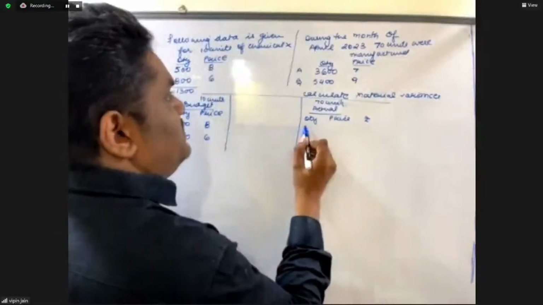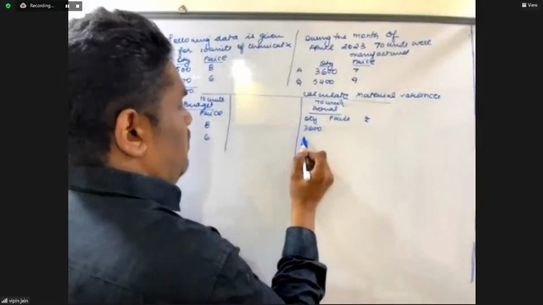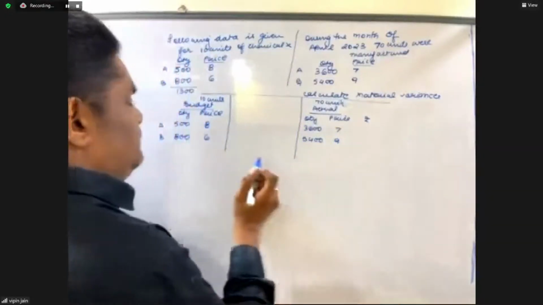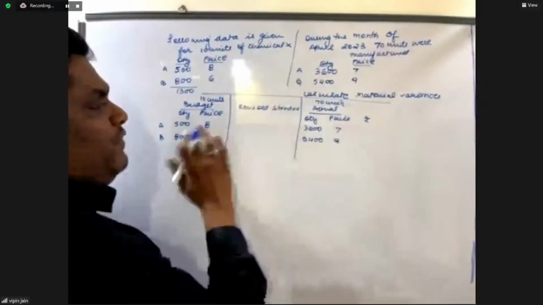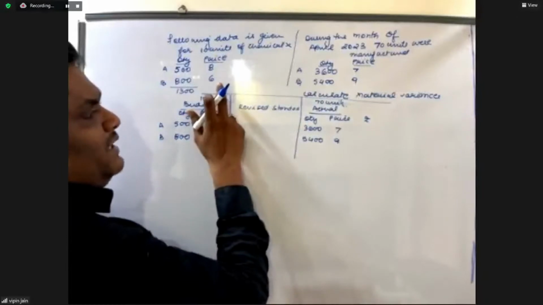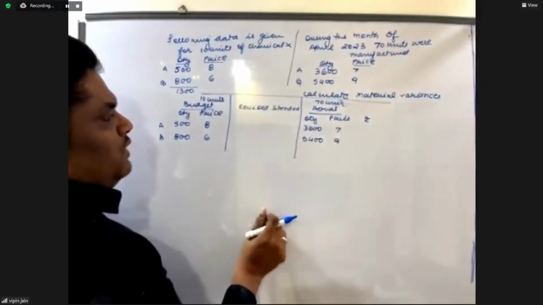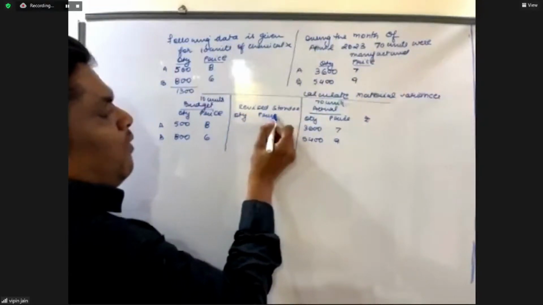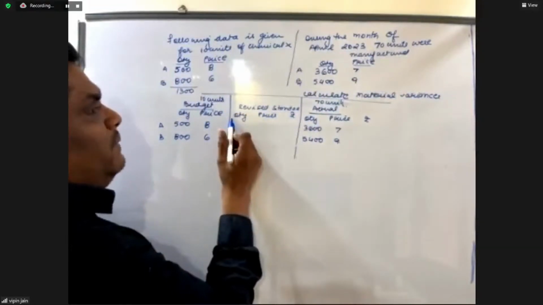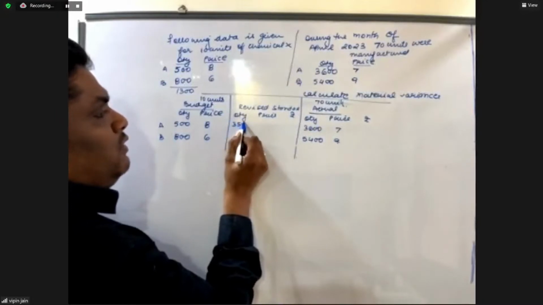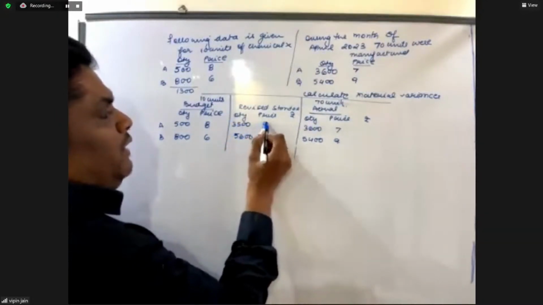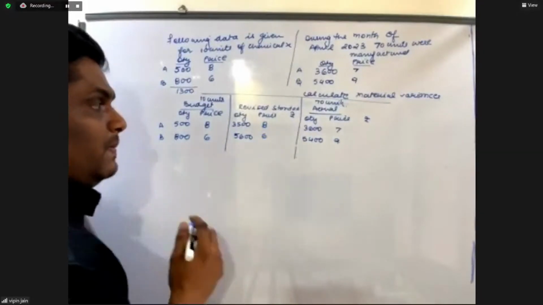Further, the quantity is 3600, 5400, 7 and 9. The two figures are not comparable because the budgeted output is 10 and the actual output is 70. So the revised standard will be 3500, 5600, 8 and 6.